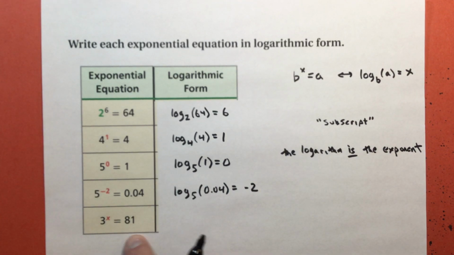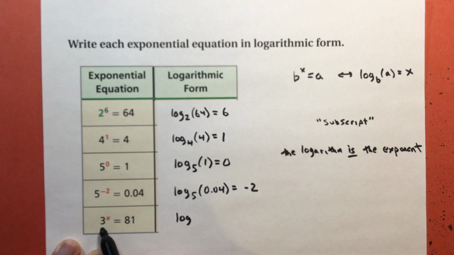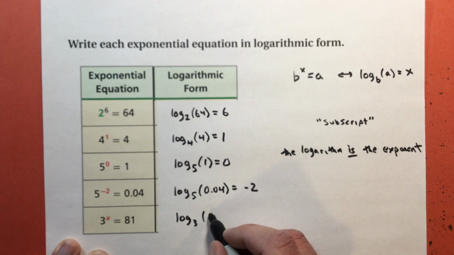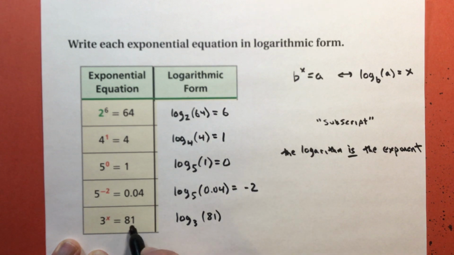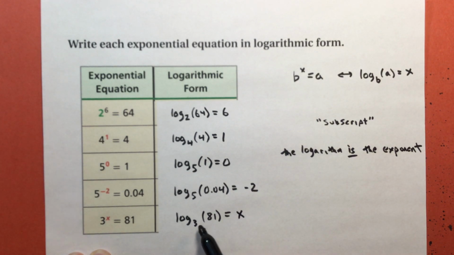And then finally, for this last one, this is where we're headed, where we actually have an equation that we want to solve. I say the base of my exponent is 3, so I have log base 3. This gave 81, so I'm going to put 81 into my function. And this is going to be x. So I say 3 to what power equals 81?